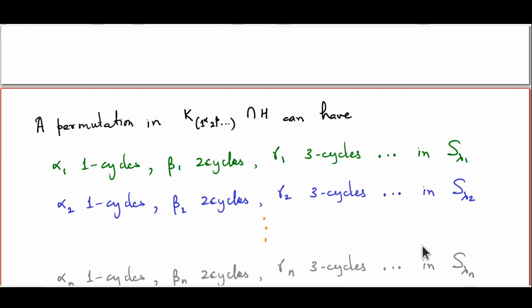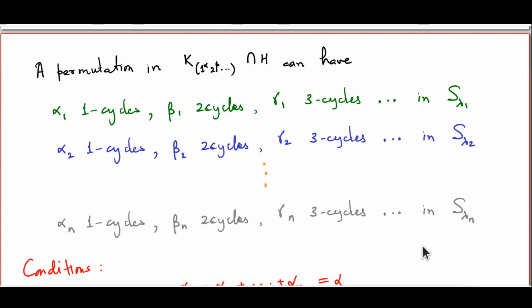So, any permutation which survives into this subgroup H, that is, any permutation which is in the intersection of this particular class of ours and the subgroup H, must have some of its 1 cycles, 2 cycles, 3 cycles from S lambda 1, another set from S lambda 2 and so on.